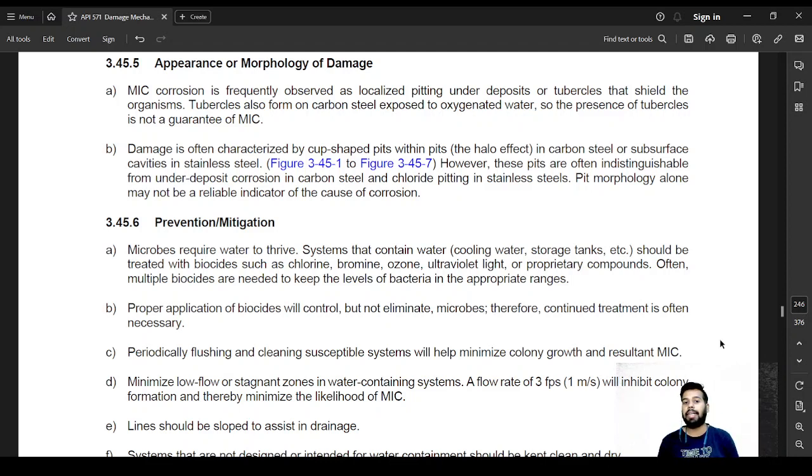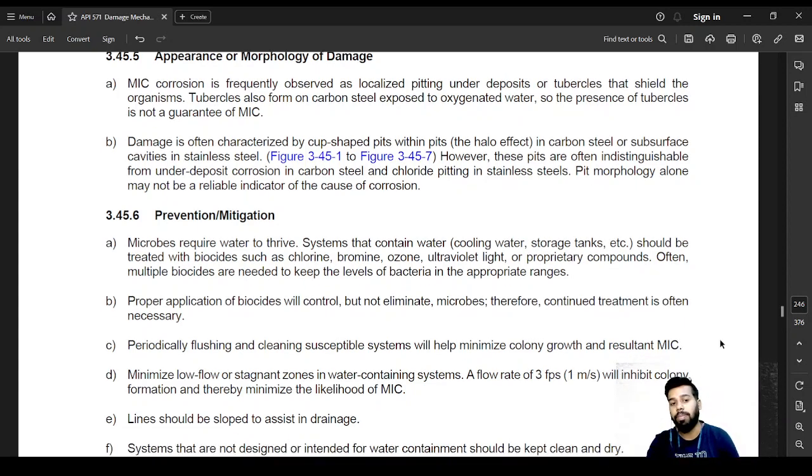Damage is often categorized by cup-shaped pits within pits or a halo effect, that is, a very colorful appearance in carbon steel, or subsurface cavities in stainless steel. However, these pits are often indistinguishable from under-deposit corrosion in carbon steel and chloride pitting in stainless steel. Pit morphology alone may not be a reliable indicator of the cause of corrosion.